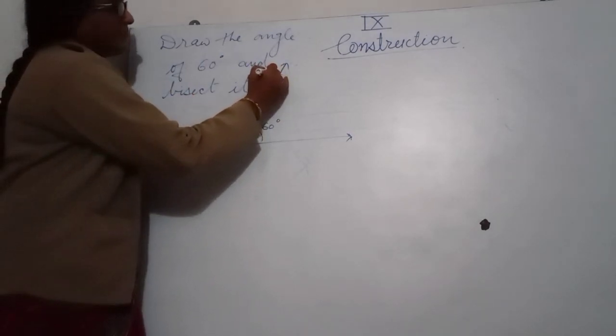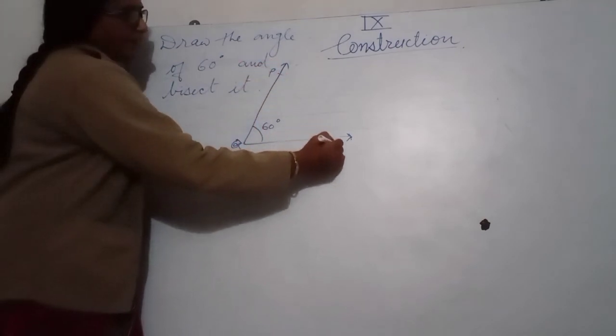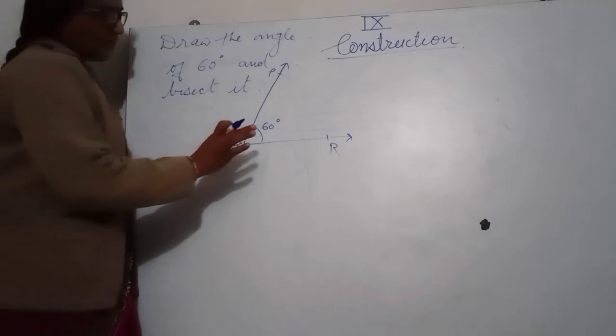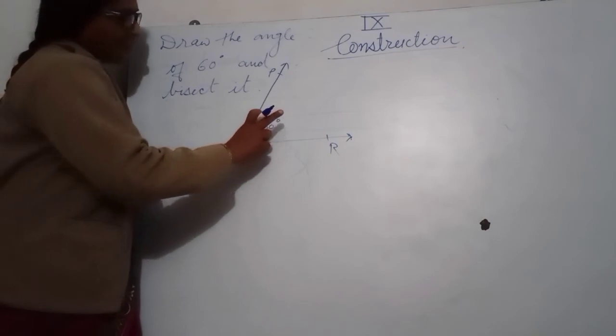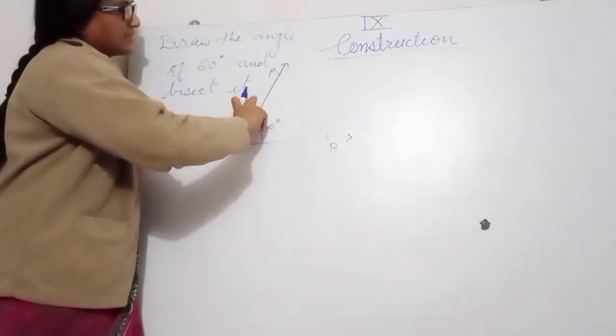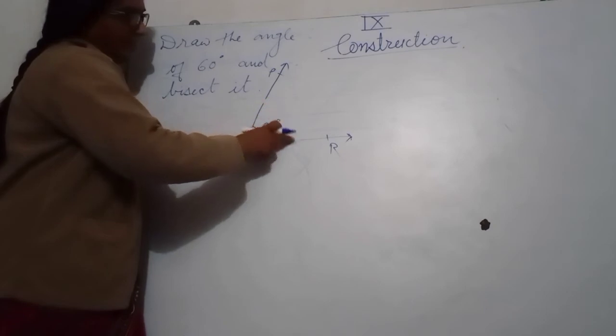Let me give the names P, Q and R. This Q is the center. Take a sufficient distance in a compass and draw the arc which is cutting the sides QP and QR like this.